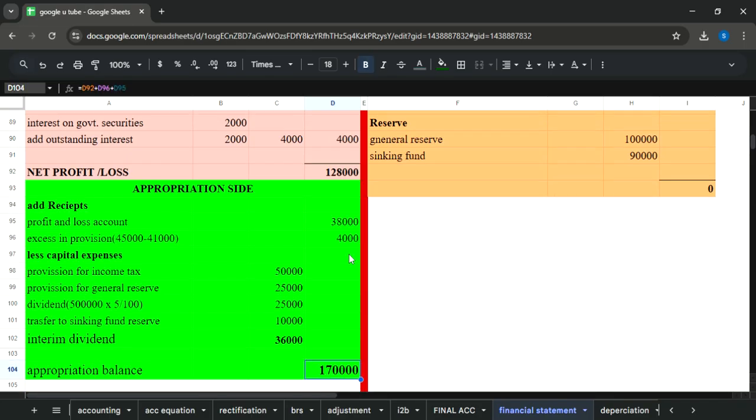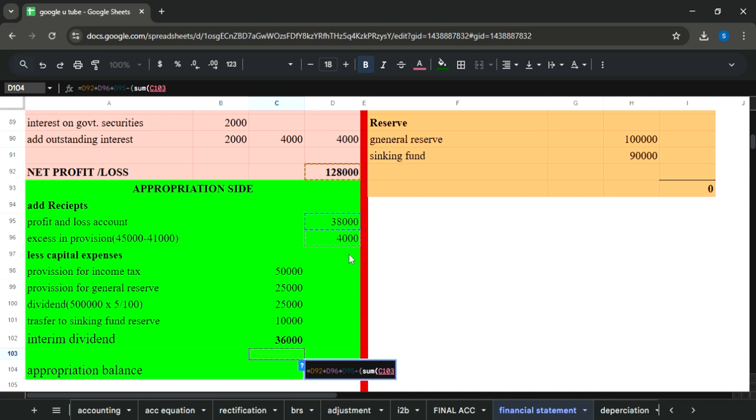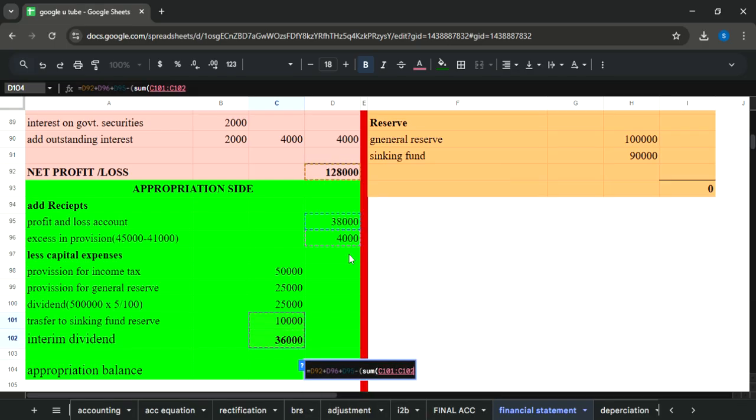And after that, you will subtract all capital natured expenses, that means appropriation expenses, and finally take the sum of all appropriation expenses.